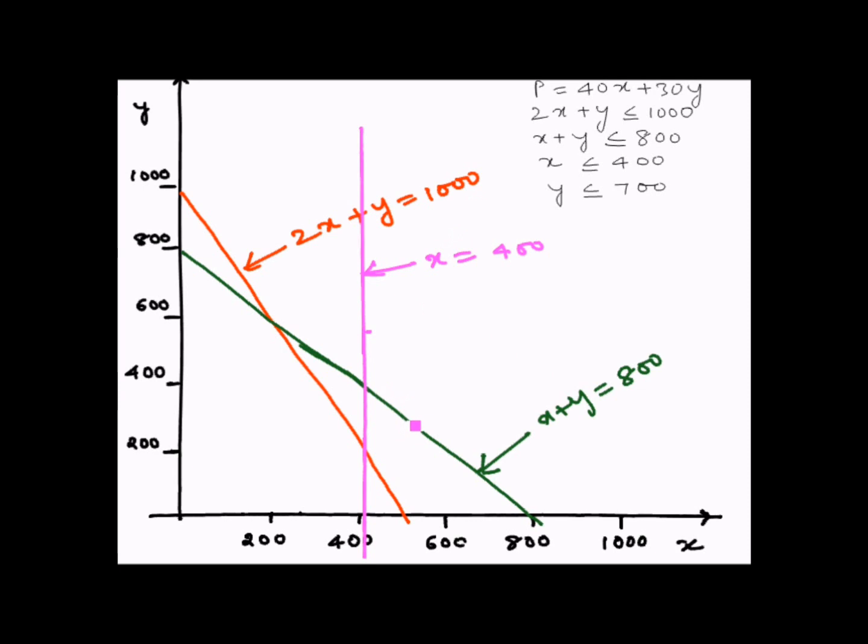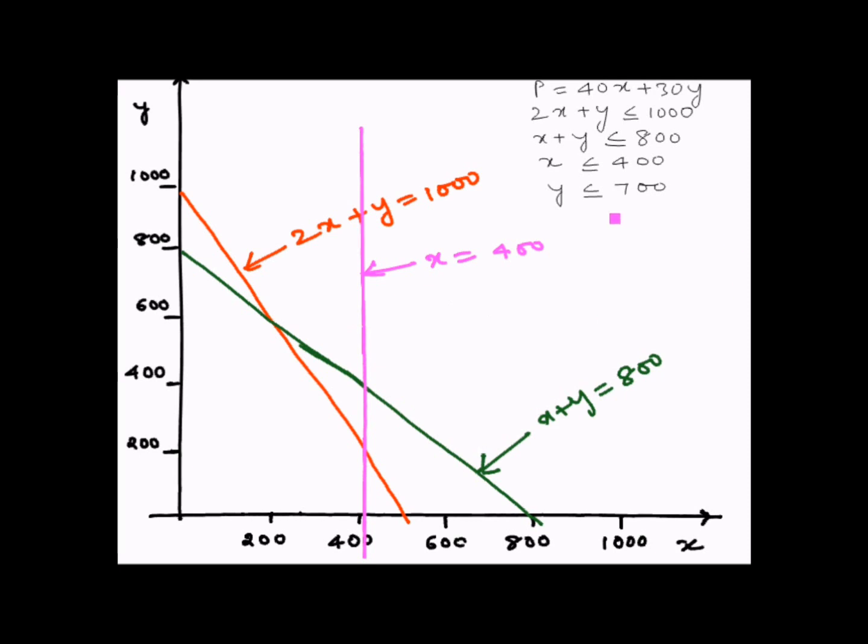Similarly, this line represents, say, x plus y is equal to 800, and all the points below this represent x plus y is less than 800. Similarly, for this line, which is parallel to the y-axis, all the points on the right hand side show x is greater than 400, and on the left hand side they show x is less than 400.